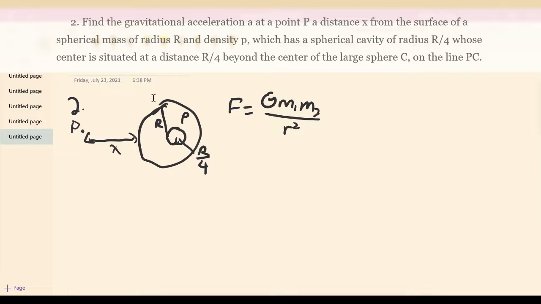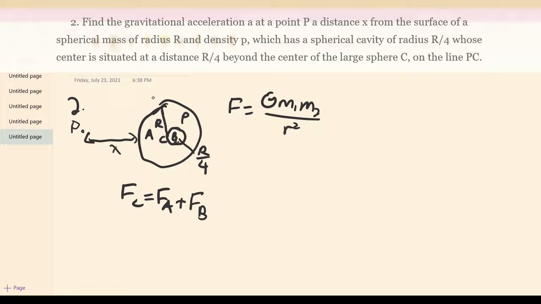So if we say that the force from the big sphere overall, if there weren't a cavity, is FC, let's call the force from the current object that does have a cavity FA, and let's call the force from the spherical mass that is the cavity B, then FC is equal to FA plus FB.